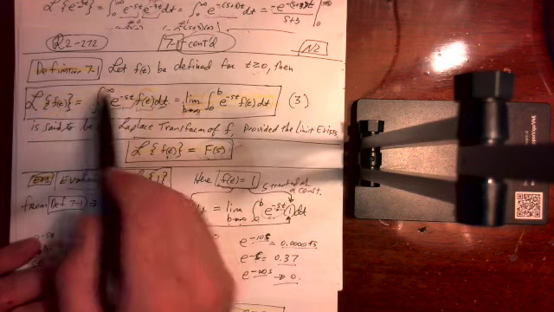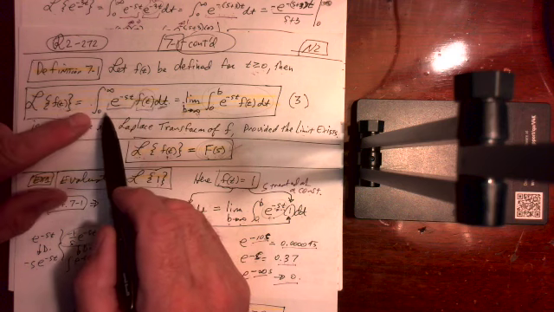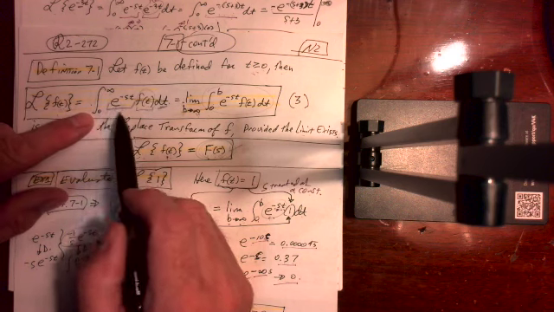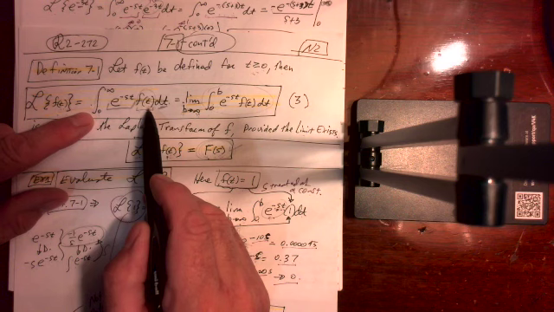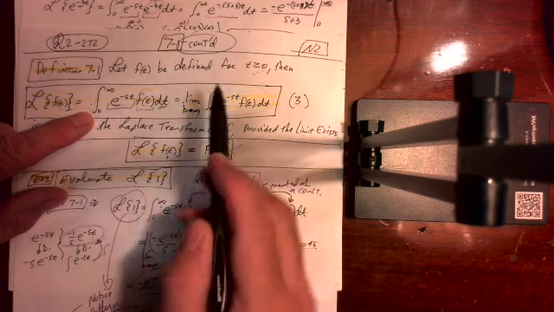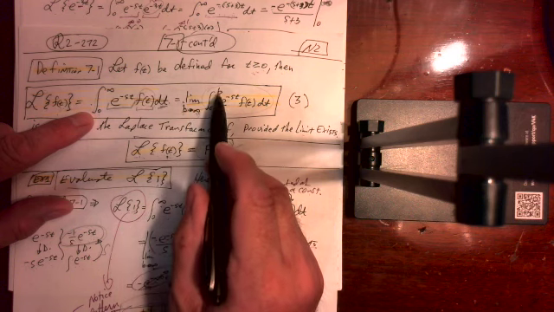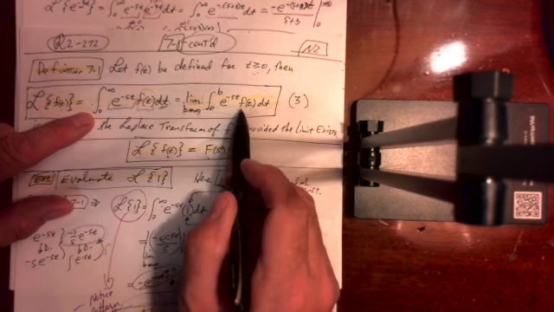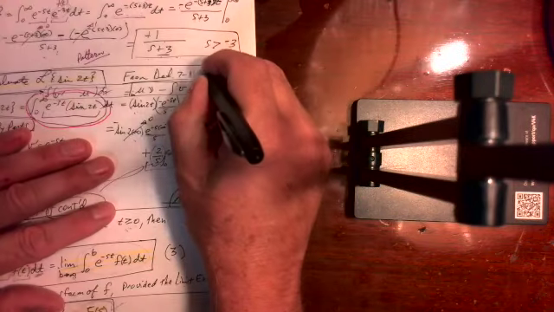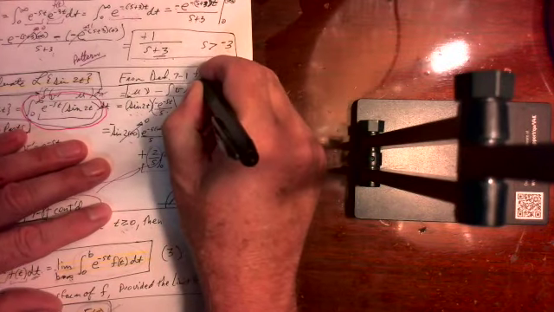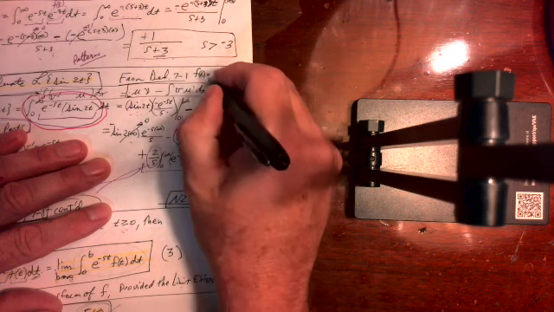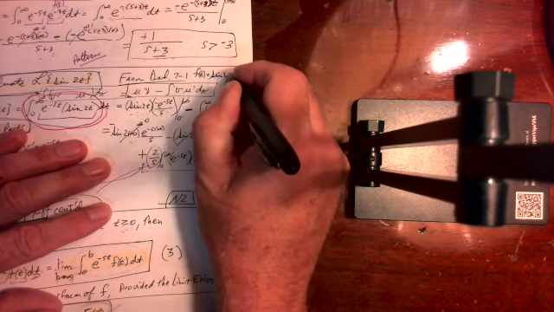We take the integral from 0 to infinity of e to the minus st times f of t dt, which turns into the limit as b approaches infinity of the integral from 0 to b of e to the minus st f of t dt. Here we recognize that the f of t we're dealing with is the sine of 2t.